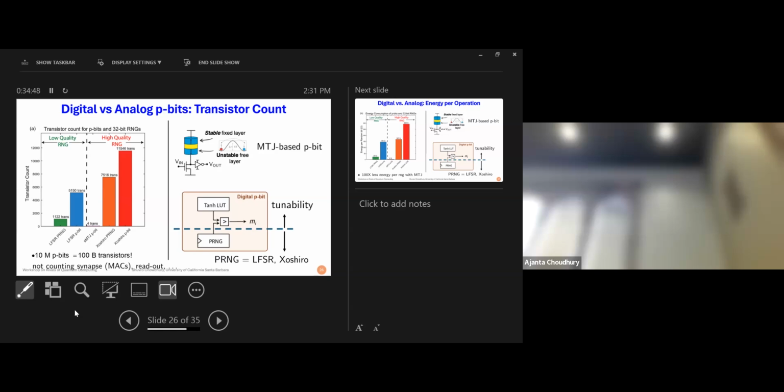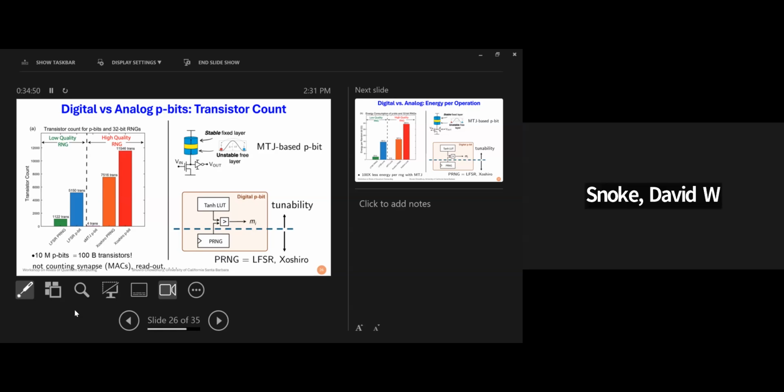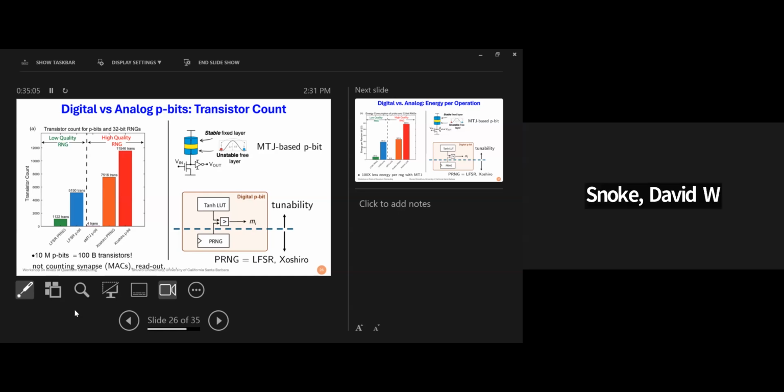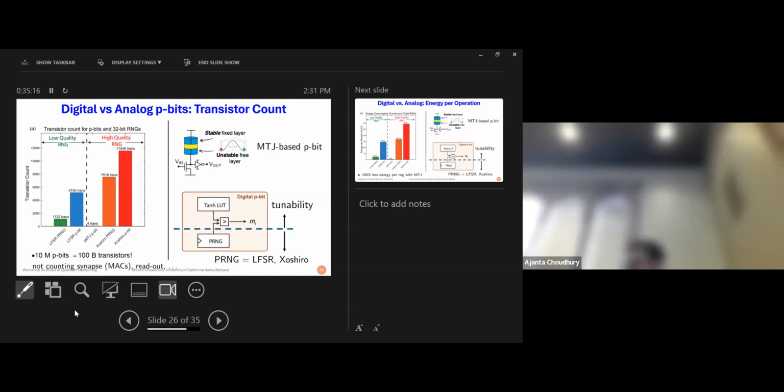But in electronic implementations describing the equation, in that case parallel operation is prohibited, so that's why you need a parallel grouping. So what's the difference when we can update the p-bits in parallel or not? No, this is a very good question.